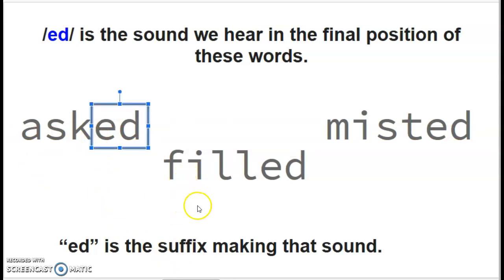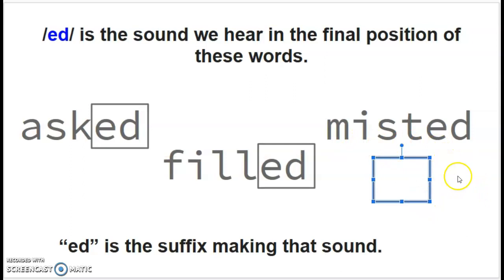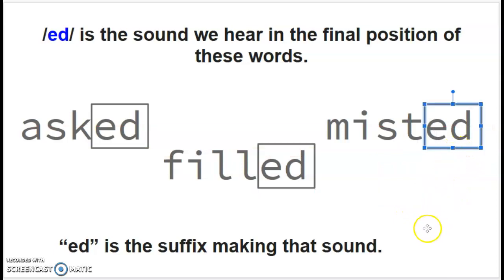What's the root word of filled? It's fill. And our suffix is ed. What's the root word of misted? Right, mist. And our suffix is ed.